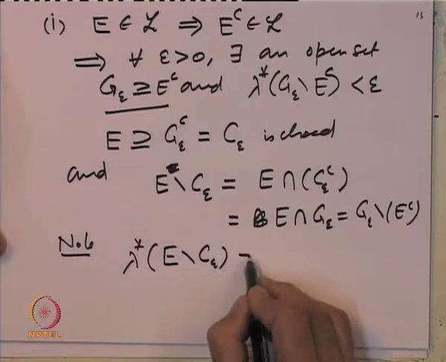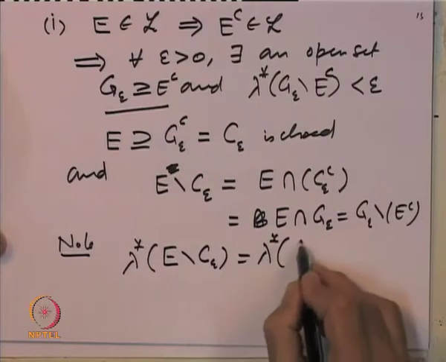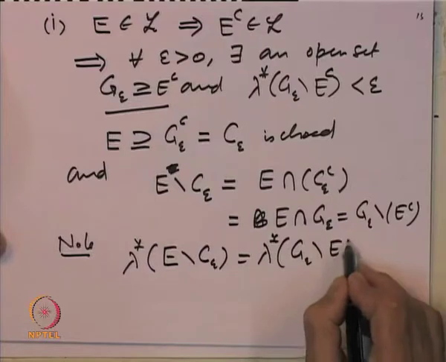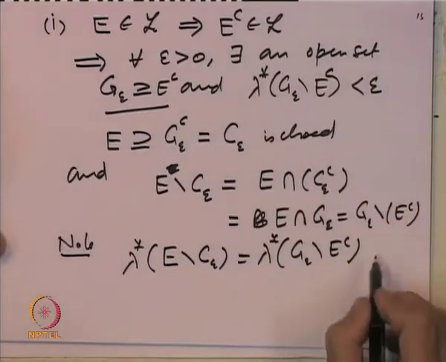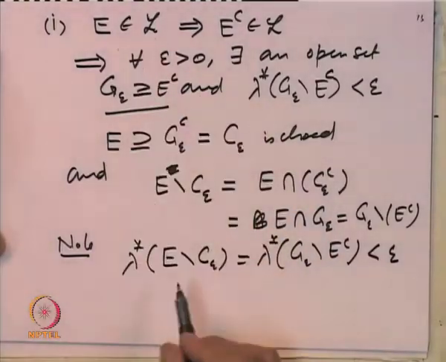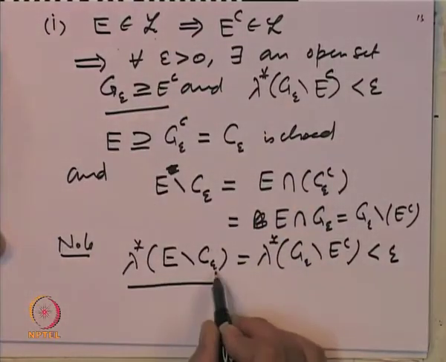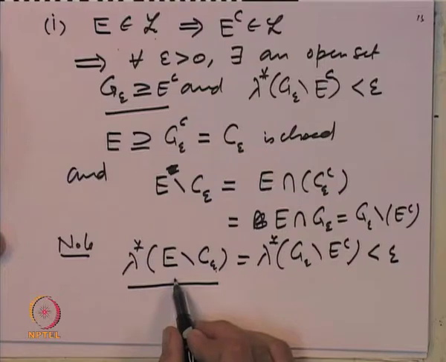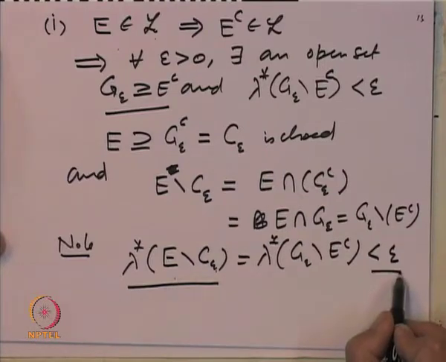So it is the outer measure of G epsilon minus E complement, and that is less than epsilon. So what we have shown is, if E is Lebesgue measurable, then there is a closed set inside it such that the outer measure is less than epsilon.